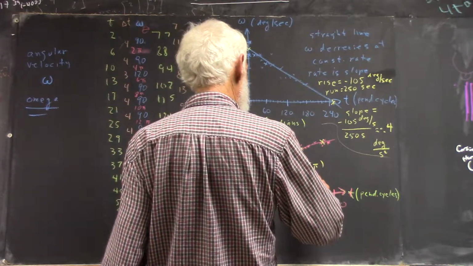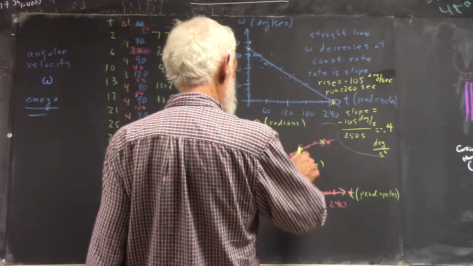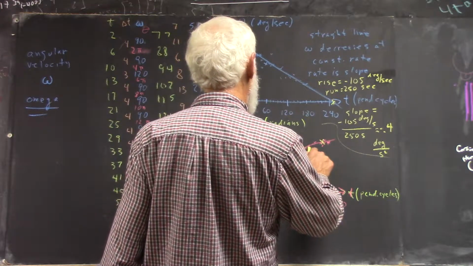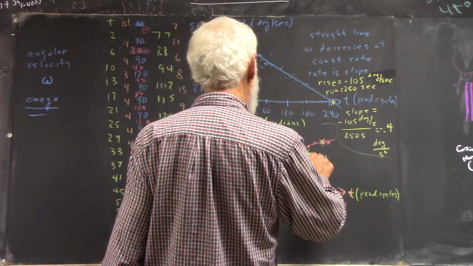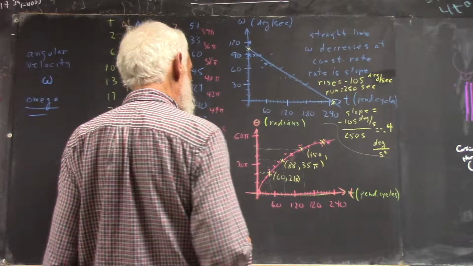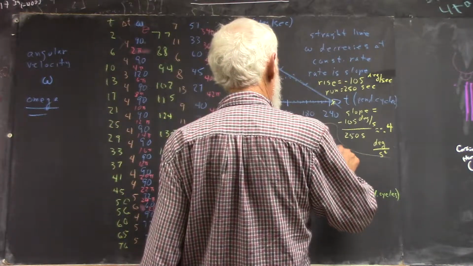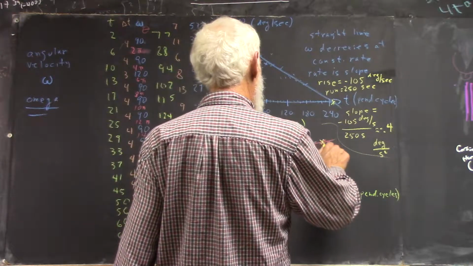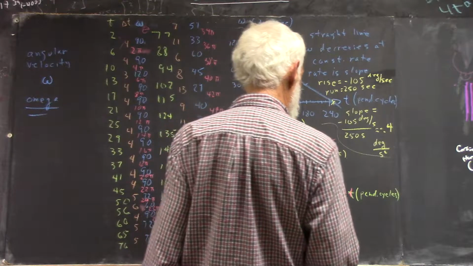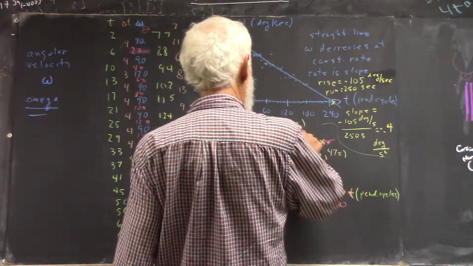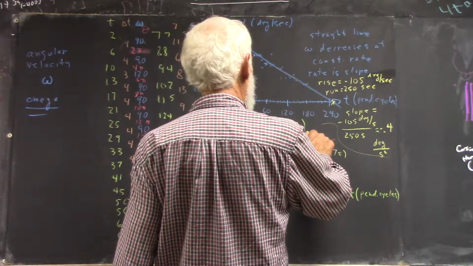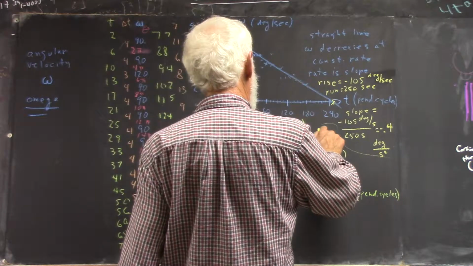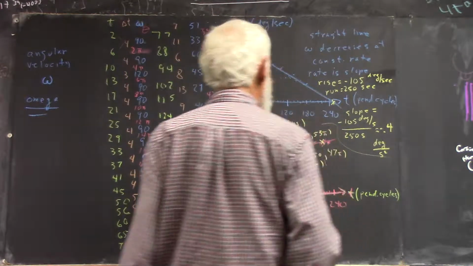This one appears to be about 150. And that looks like, what, 47 pi. And this one appears to be 230. And maybe 53 pi.